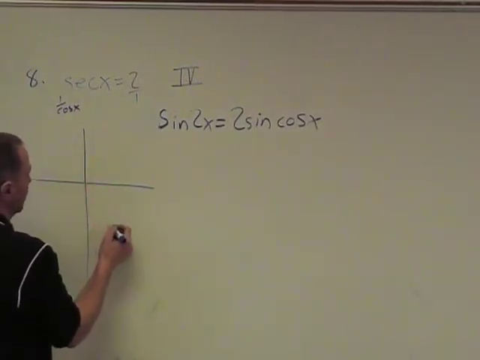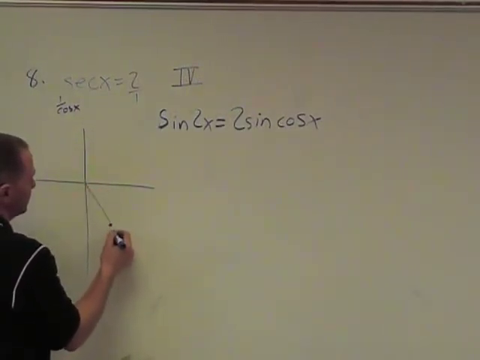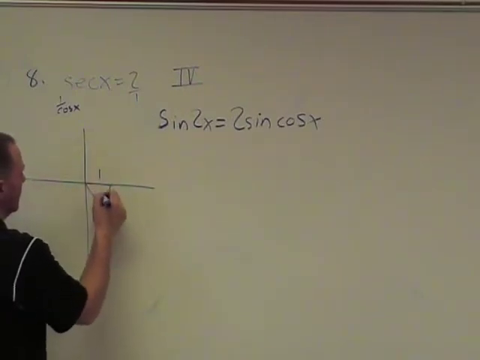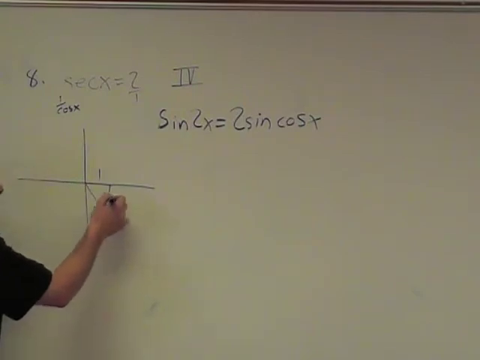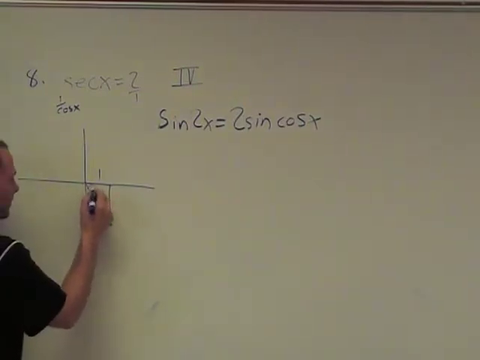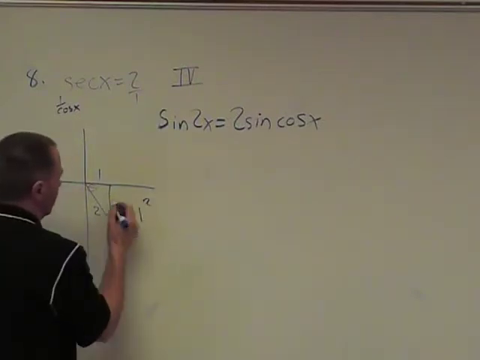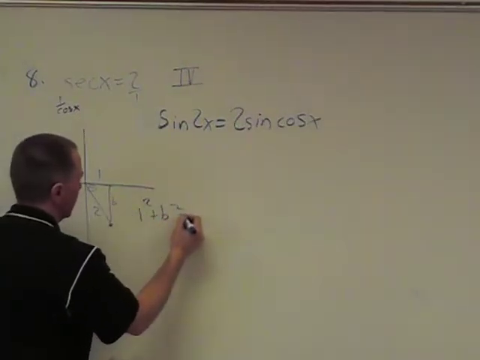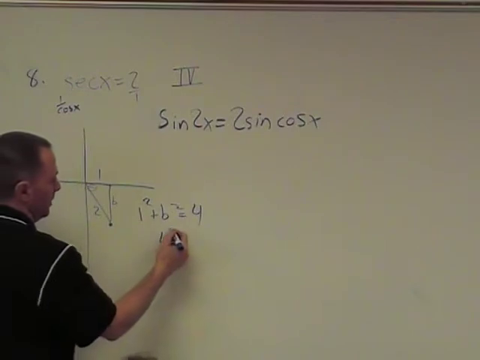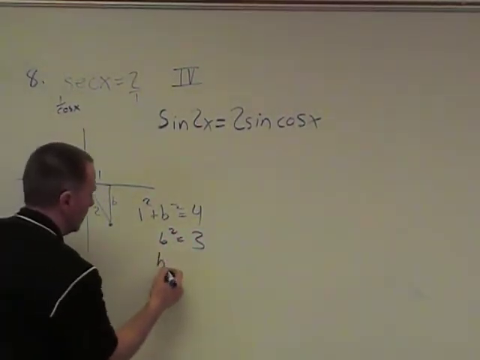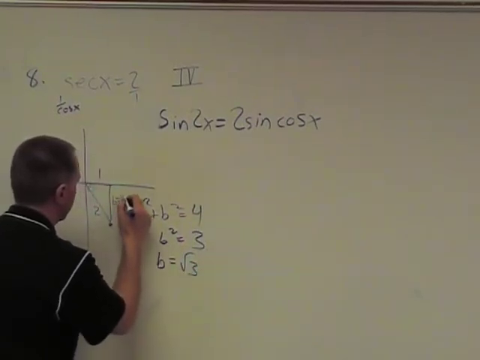Hypotenuse, alright, so we're over here, hypotenuse is 2. The adjacent leg is 1. So I need to get this leg here. I need to use the Pythagorean theorem to get that other piece. Right? Alright, so 1 squared, we'll call this b, plus b squared equals 4. B squared equals 3, 4 minus 1. B equals the square root of 3.